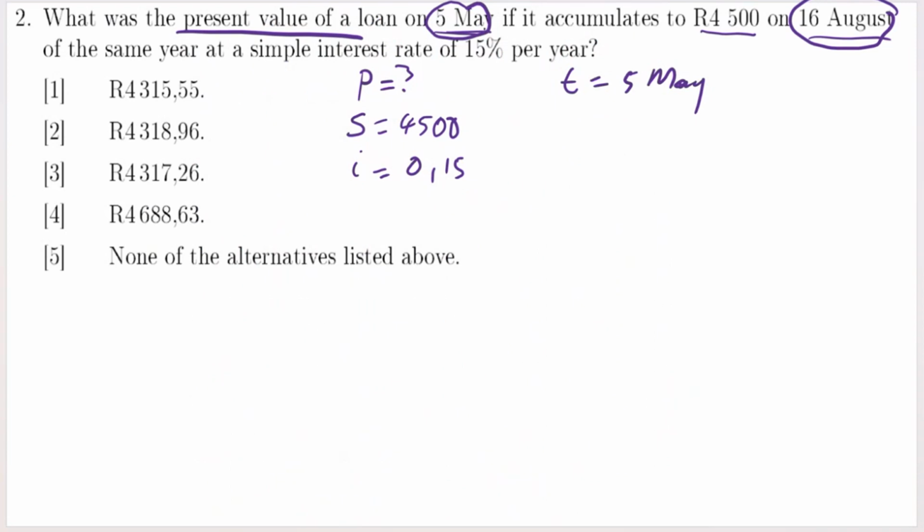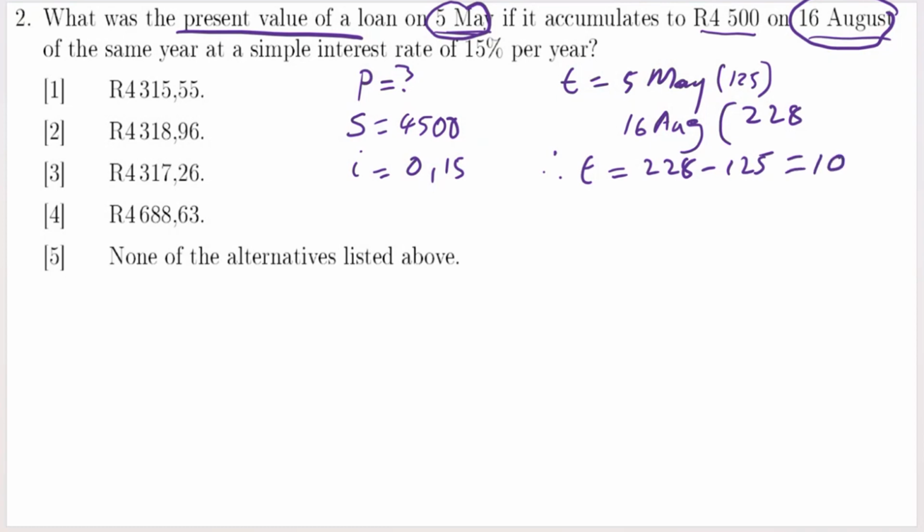So here you have 5th of May, which is 125, and then 16th of August, which when you look from that table is 228. Therefore, your time is equal to 228 minus 125, which is equal to 103.